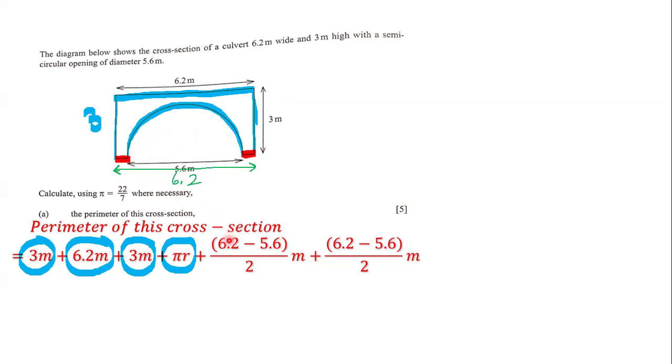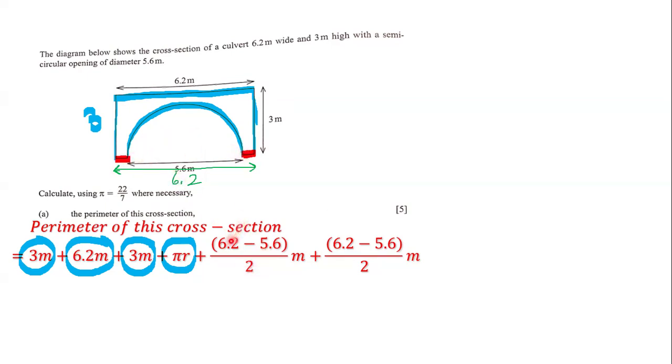So if we say 6.2 minus 5.6, the portion that is left over is going to be this red portion and this red portion. But we just want to figure out the length of this one by itself, and so we have to divide by 2 because there are 2 of them.